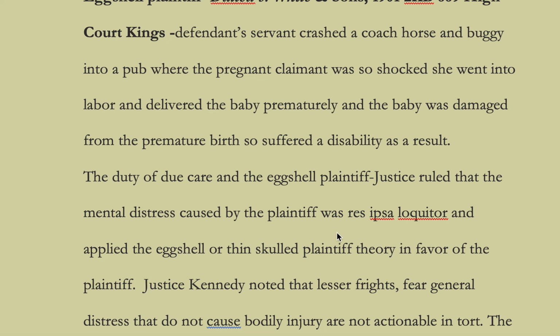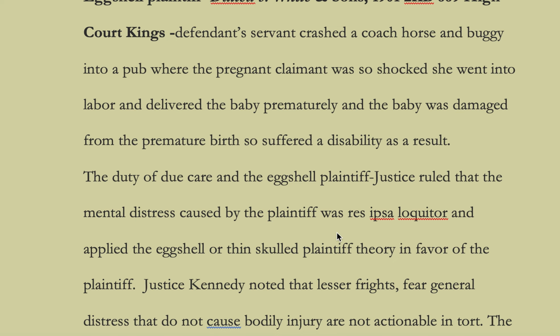And so this is where the Eggshell plaintiff comes in, and also res ipsa loquitur, about mental distress caused by the defendant, like IIED, intentional. Well, this wasn't intentional, it was more like reckless and negligent, but it was emotional damage. To collect on that, it has to be so serious that you're causing physical harm.